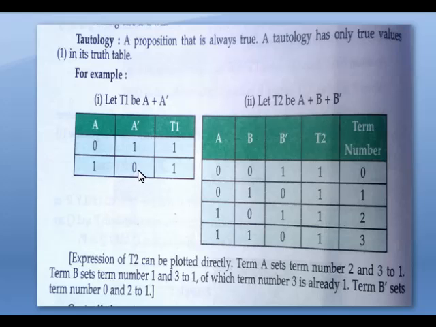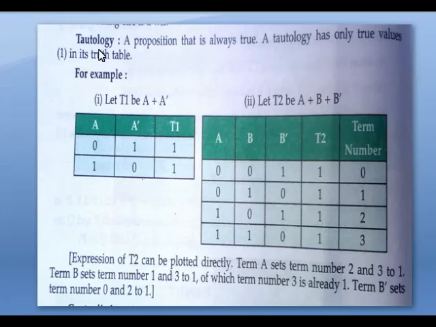So when we add these two, that is A plus A dash, 0 plus 1 is 1. In binary addition, 0 plus 1 is 1. 1 plus 0 is 1. So see, this is the output column. In the output column, all the values are 1. If the output consists of values only 1, and there are no zeros, it is called a tautology.